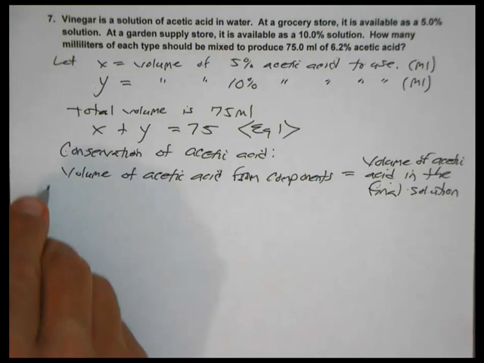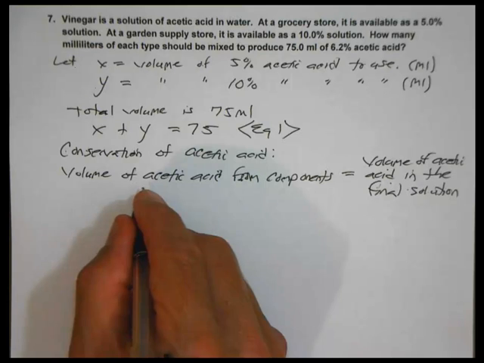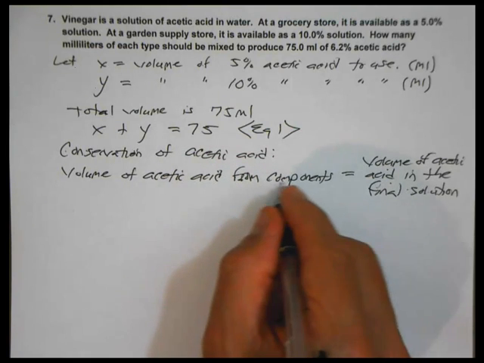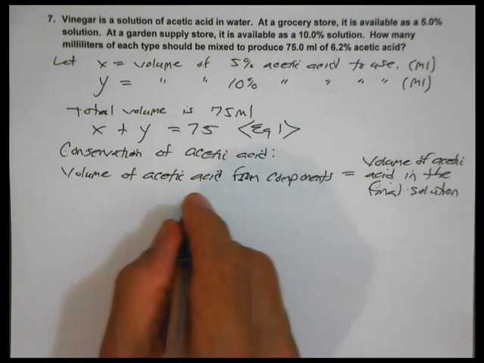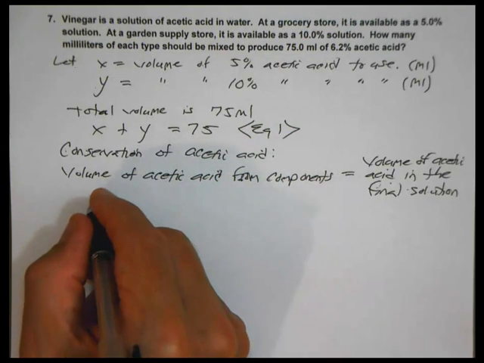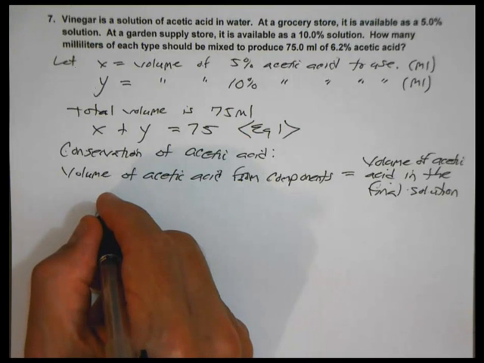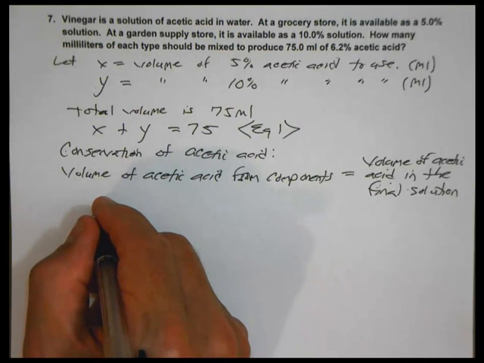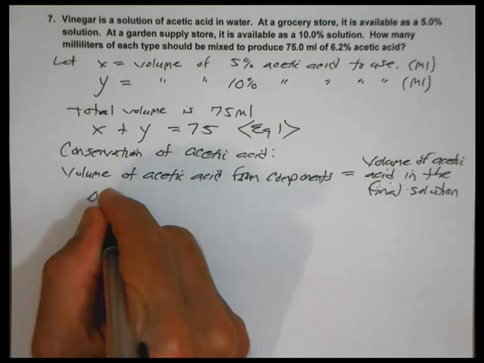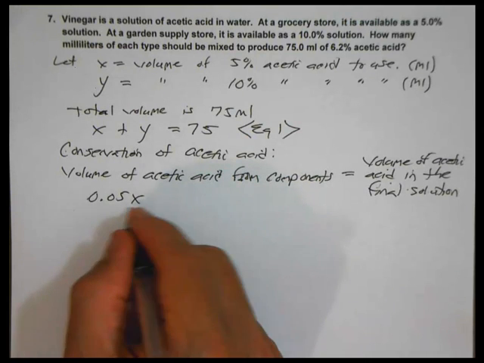Okay, I think from this we can now translate into some math. Now, the volume of acetic acid from the components. There are two components here, a 5% solution and a 10% solution. How much acetic acid comes from that 5% solution? You would need the total volume times 5%. In our case, we've used x to represent that volume, so 0.05x is the amount of acetic acid from that first item.